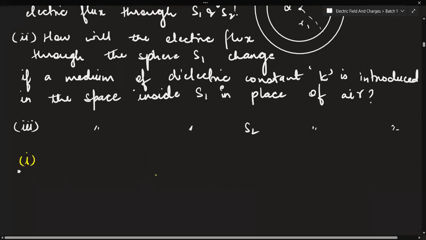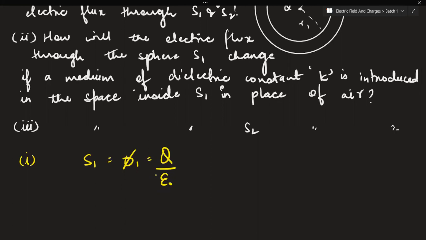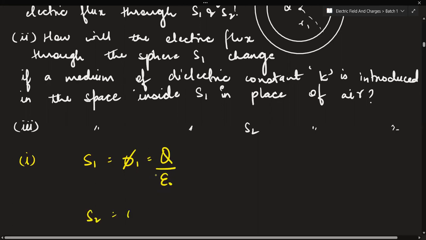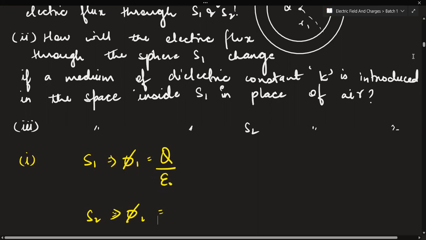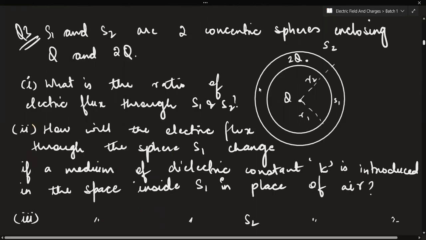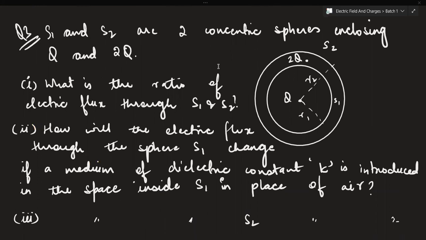If you apply Gauss theorem, flux through S1 will simply be Q by epsilon naught, because total charge enclosed by the first sphere is Q. If you talk about surface S2, what is the total charge enclosed in the sphere S2?